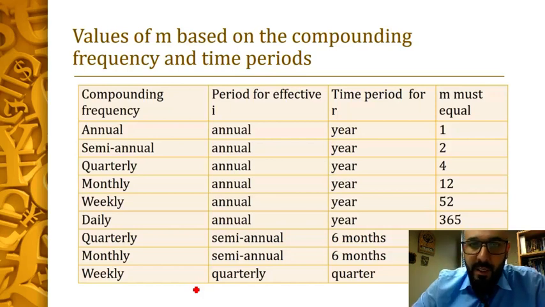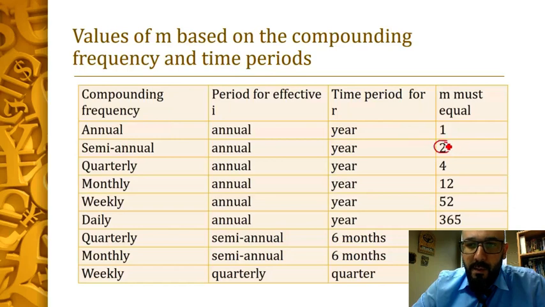Basically, this is an easy way to calculate M. If we have an effective interest rate per year, and the interest is compounded annually, M is equal to 1. If the rate is compounded semi-annually, we have 2.